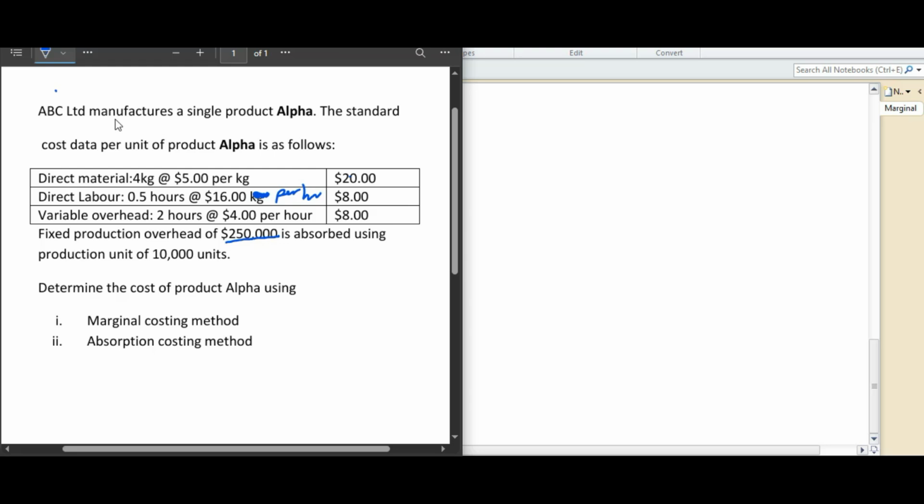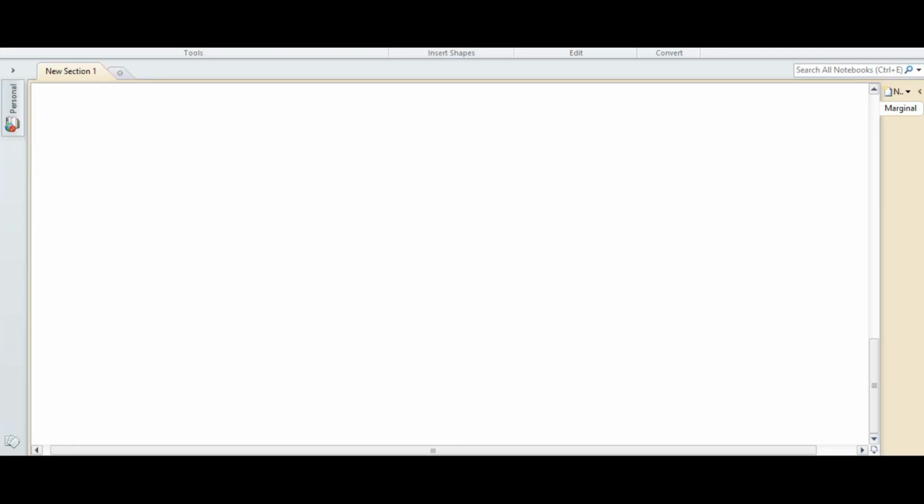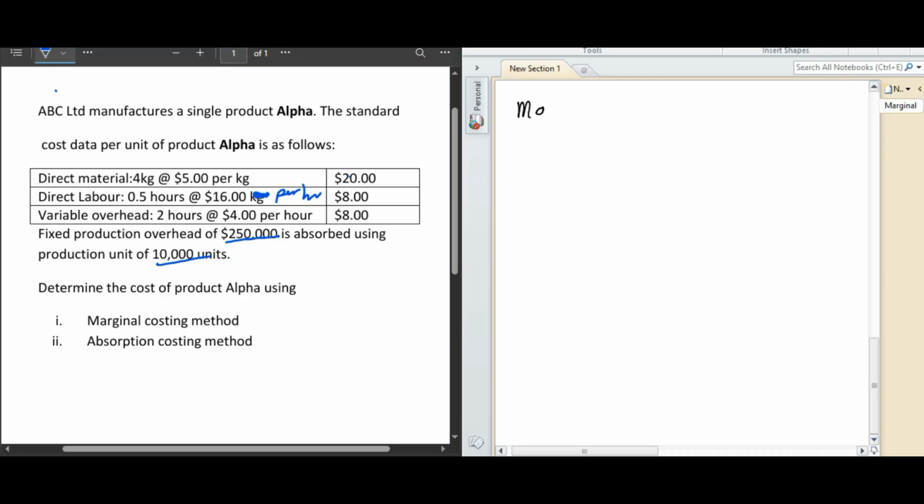250,000 is absorbed using a production unit of 10,000 units. So we are given the production unit. Let's start with the marginal costing system. Direct material, the total is $20.